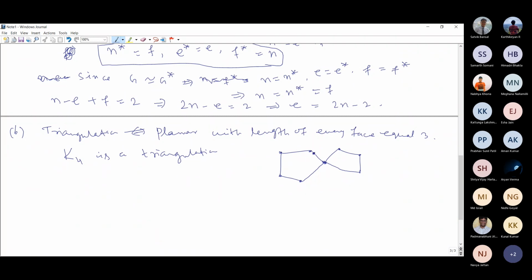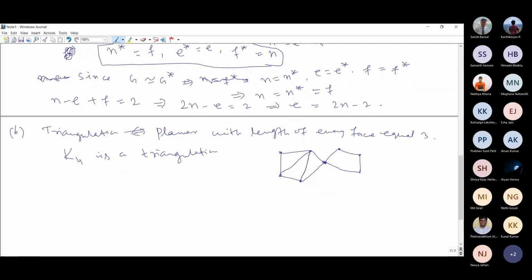Maximal planar means that you cannot include any more edges so that the graph still remains planar. Here we can include edges. This is not a maximal planar graph, neither a triangulation. Triangulation means the length of every face will be equal to 3. So here we can add some more edges.